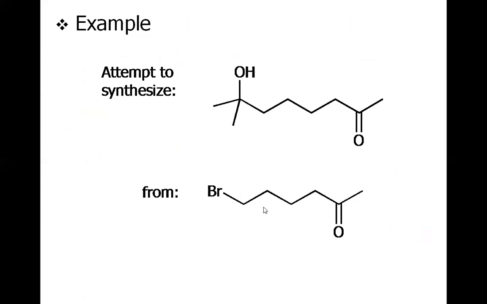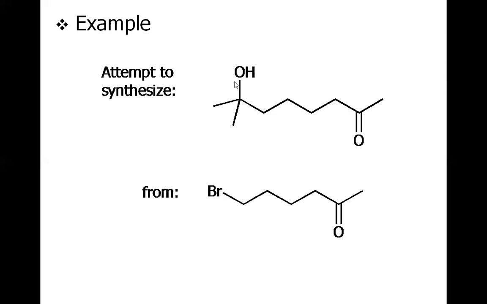If you count the number of carbons in the target molecule, 1, 2, 3, 4, 5, 6, 7, 8, 9, there are 9 carbons. And in the starting material, 1, 2, 3, 4, 5, 6, there are 6 carbons. So we have to add a 3 carbon compound to this starting material to get this 9 carbon compound.